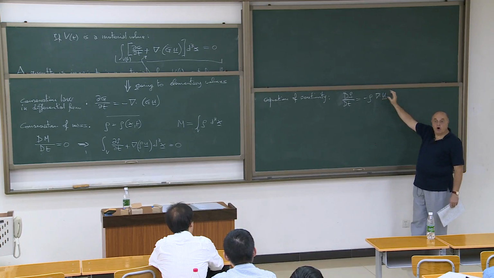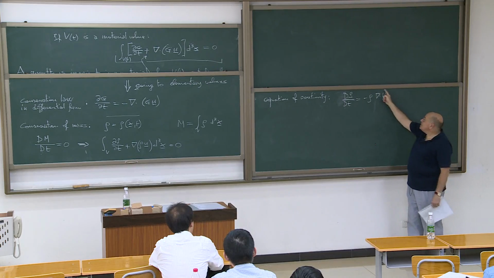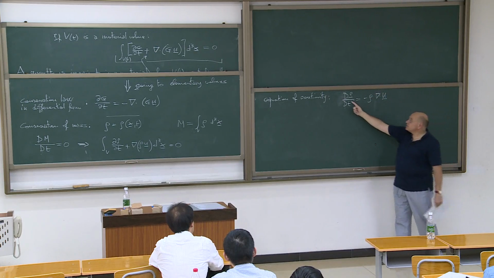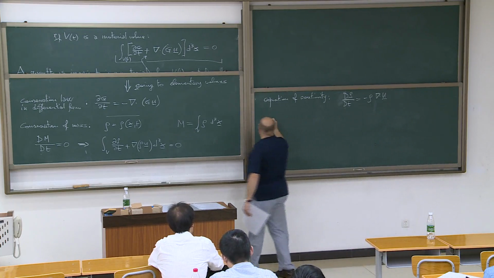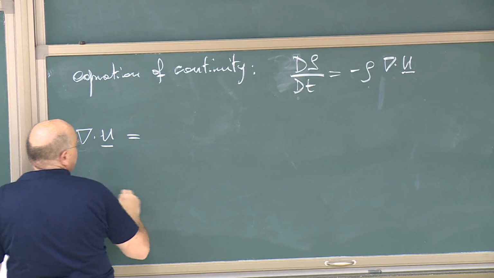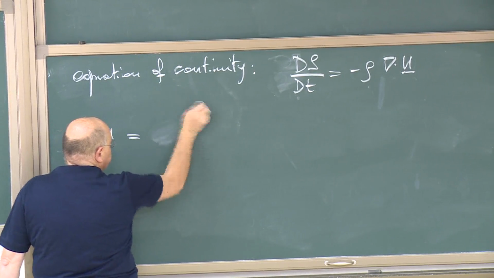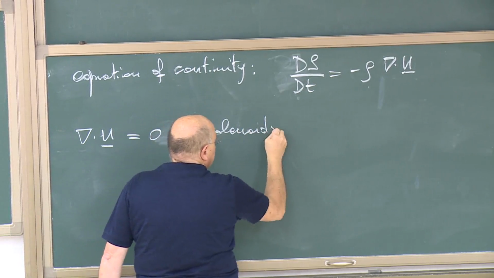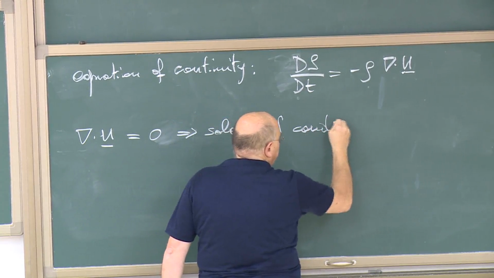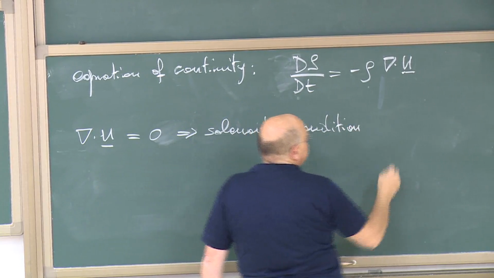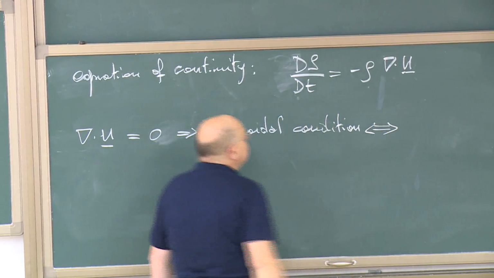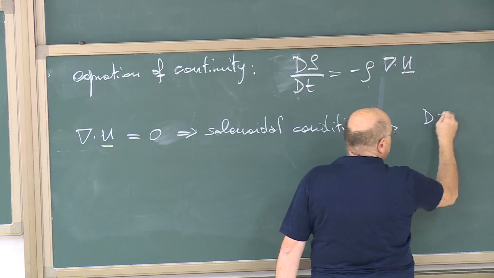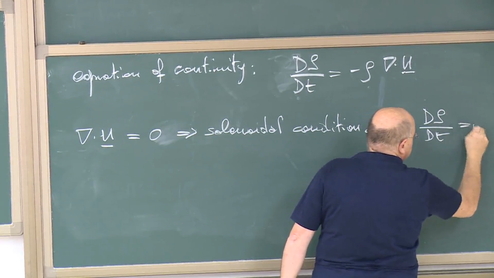All the time you assume that div u is 0, you are saying that rho is not changing Lagrangianly with time. Okay? So div u equals 0. Solenoidal condition means d rho dt equals 0.